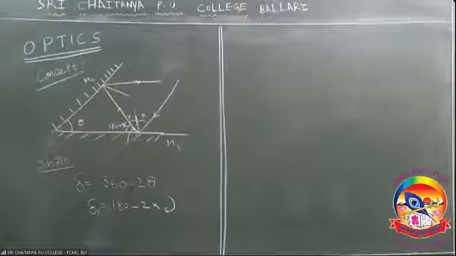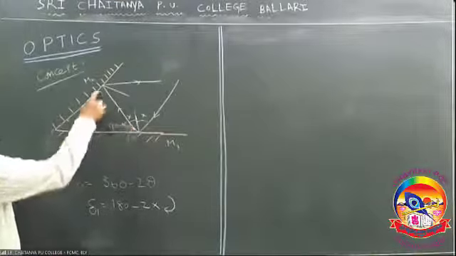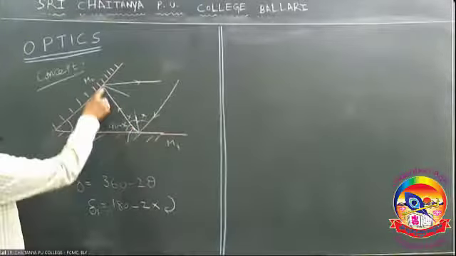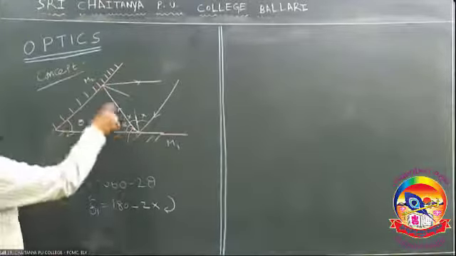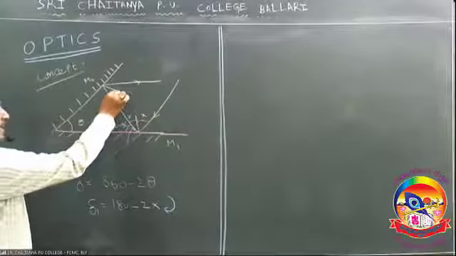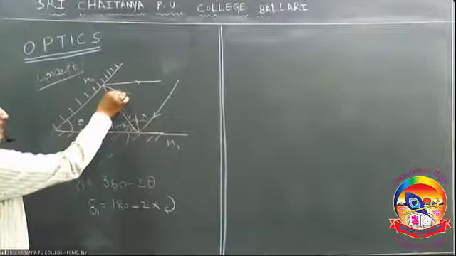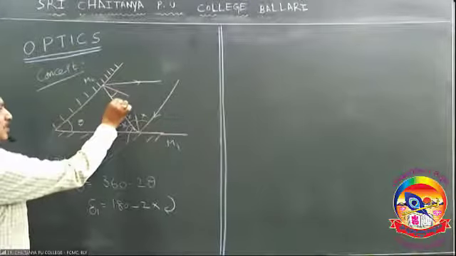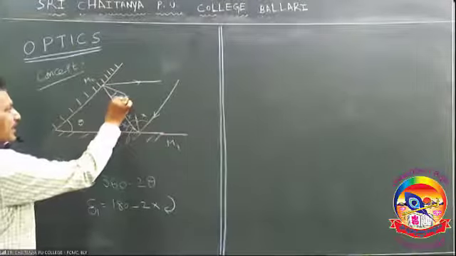The total angle in a triangle is 180. Then what is this angle? This angle is equal to theta minus x.